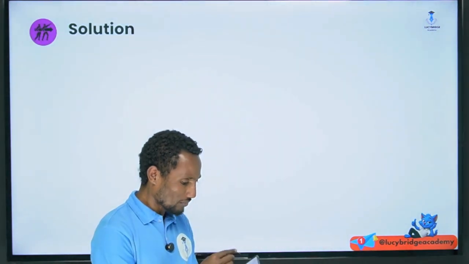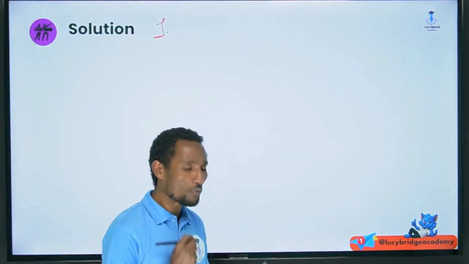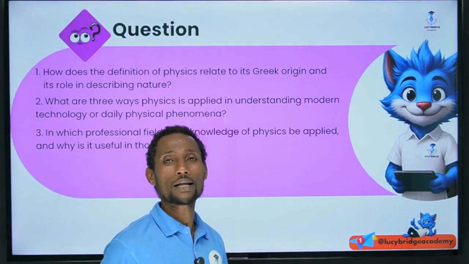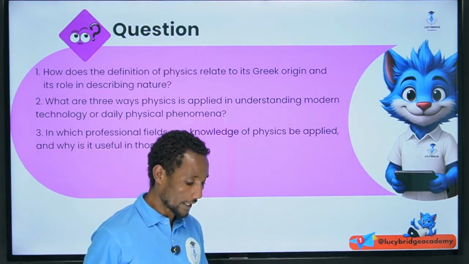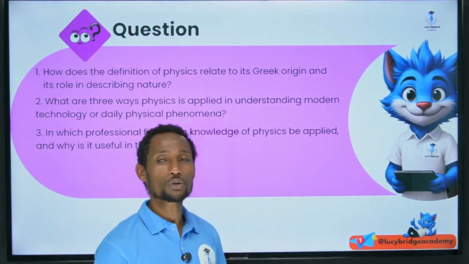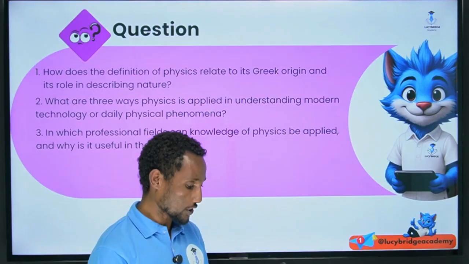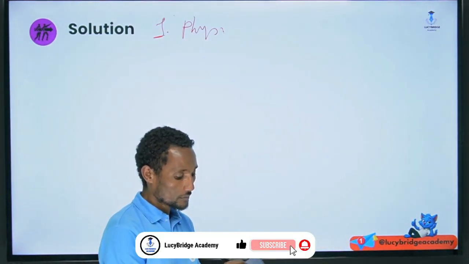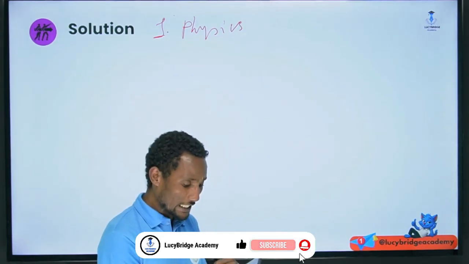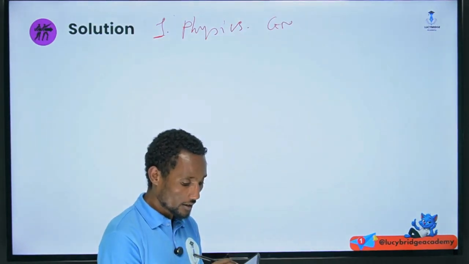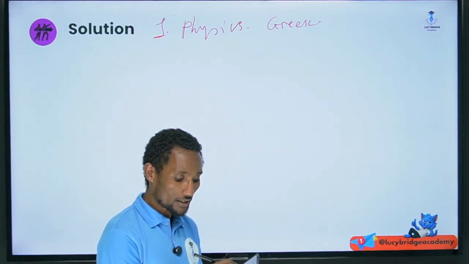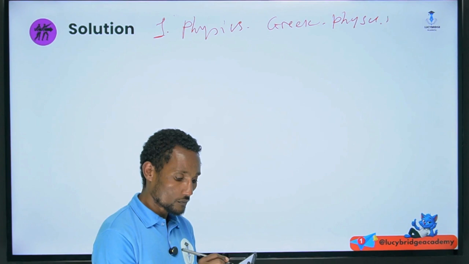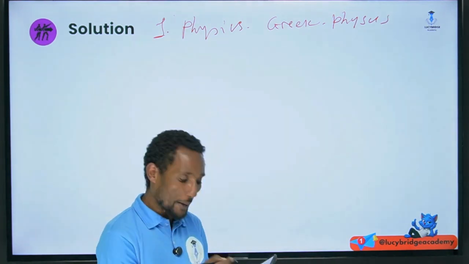The first question is: how does the definition of physics that is related with the Greek origin relate to the role of description of nature? Physics comes from the Greek word physis, which means nature in English.